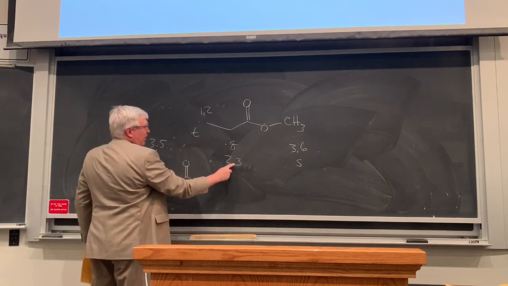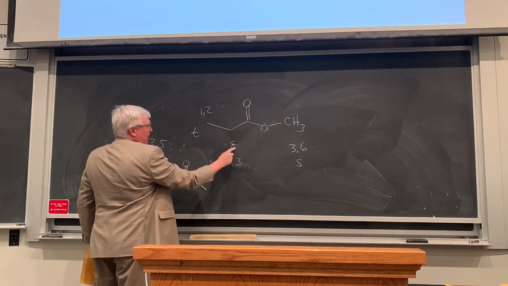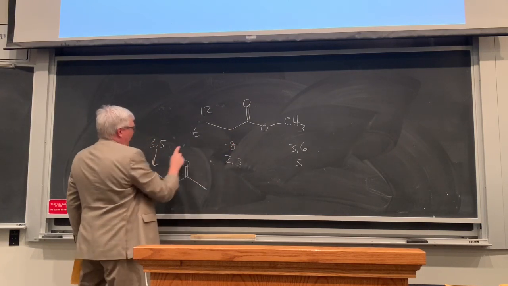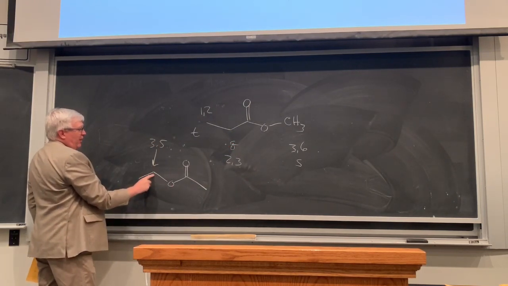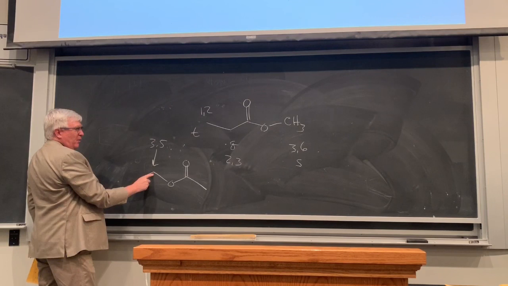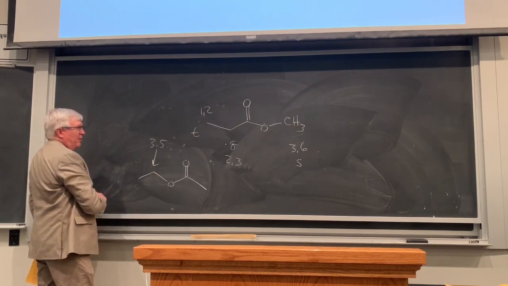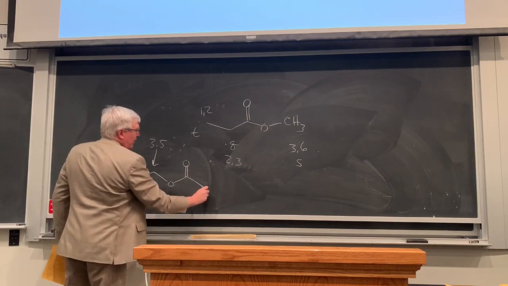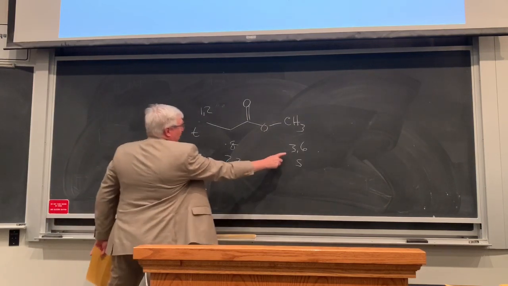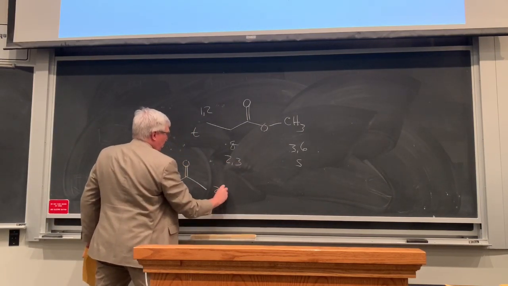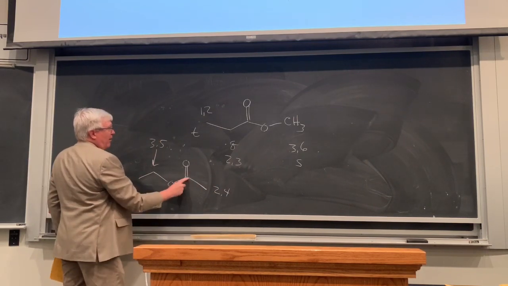This quartet being at 2.3 for the correct structure, you see, is lower. If you had this structure here, this would be too high for that methylene position. So that's a little bit of a difference there. And also this singlet here, instead of being at 3.6, this one's at 2.4. It's just alpha to the carbonyl there.